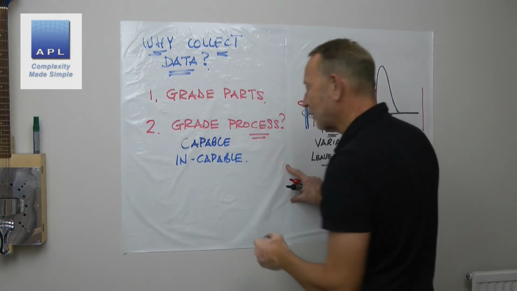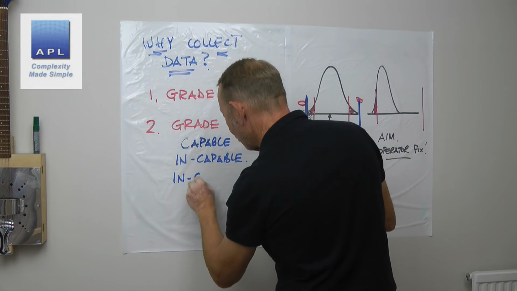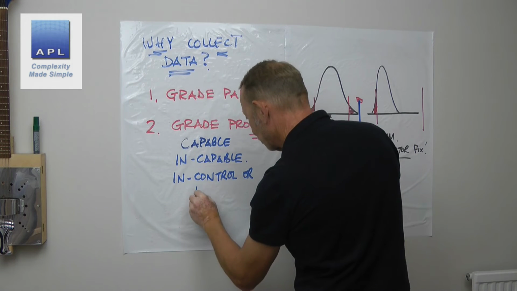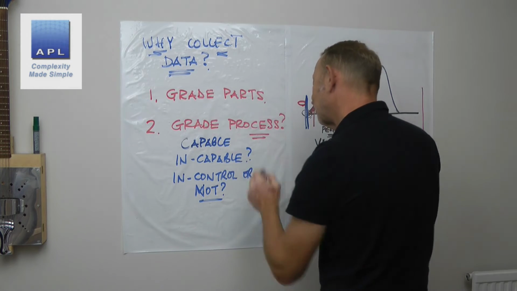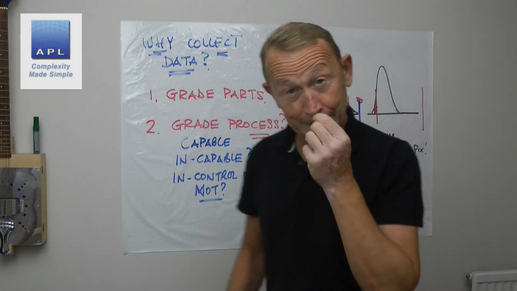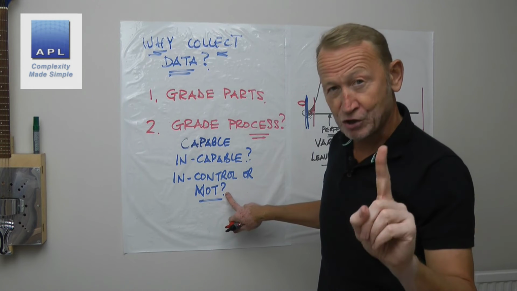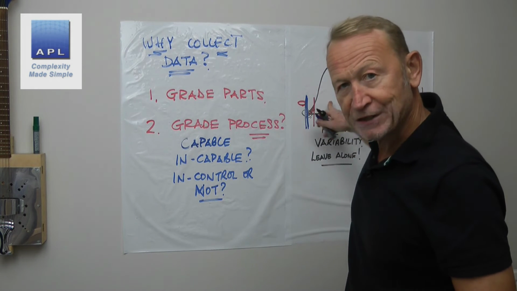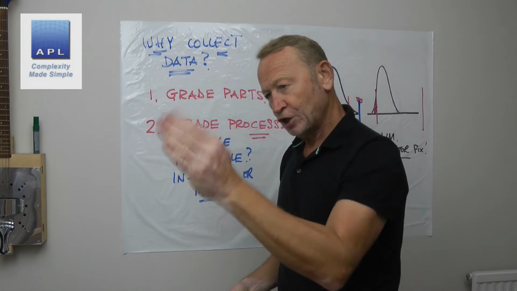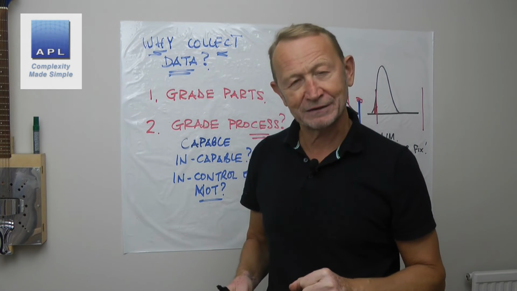We might also want to ask the question, is the process in control or not? Two slightly different questions. Are we capable or incapable? Are we in control or not? Just to remind you, control does not mean defect-free. Control means repetition. The machine does the same thing every day. It produces the same pattern every day.